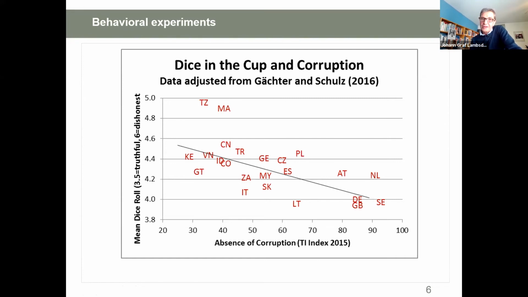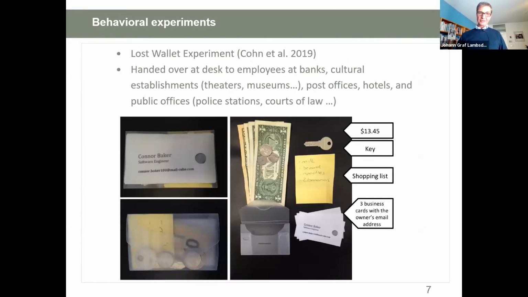Whereas in countries that are known to have higher levels of corruption, Tanzania, Morocco, Kenya, Guatemala, Vietnam, China, people tend to report higher values, so they cheat more. The consequence is maybe we can explain levels of corruption pretty well by an intrinsic tendency to behave honestly. So it's not so much control, but it's more these types of deep-rooted intrinsic tendencies.